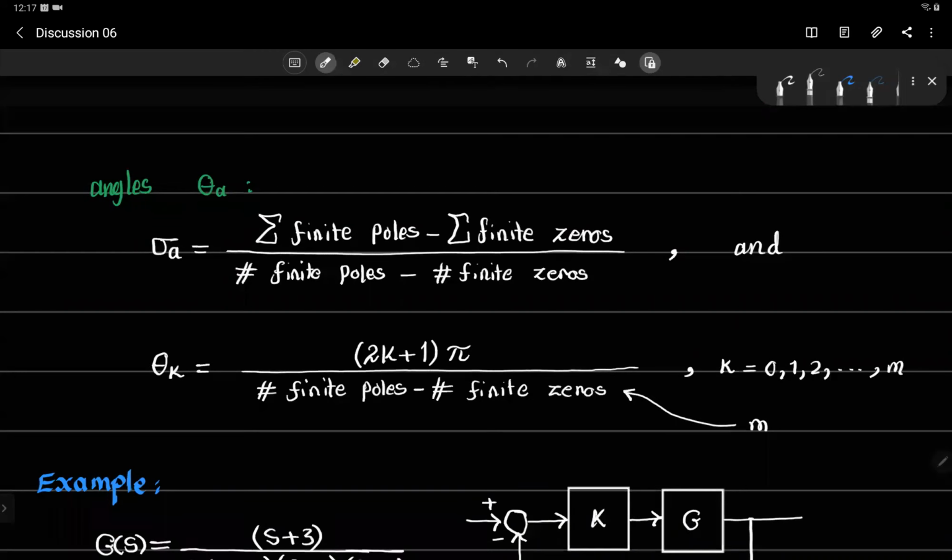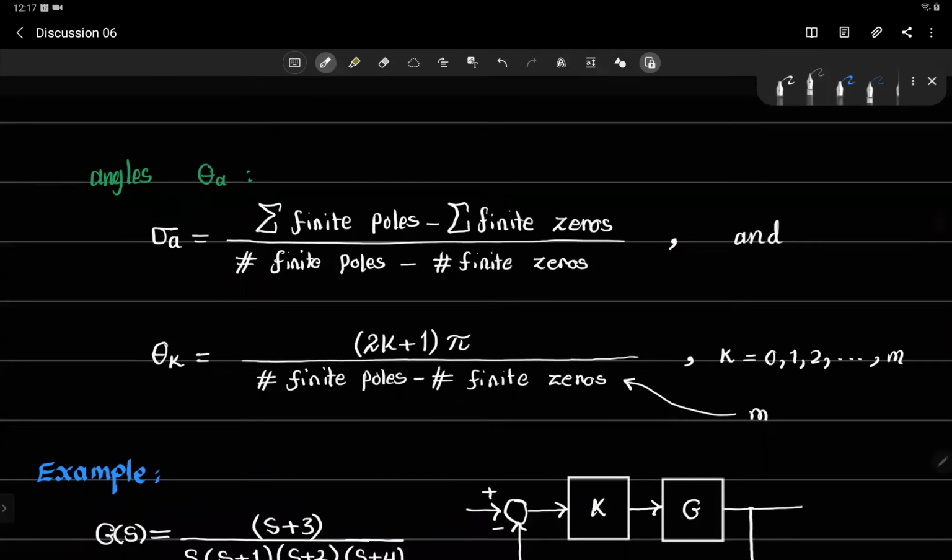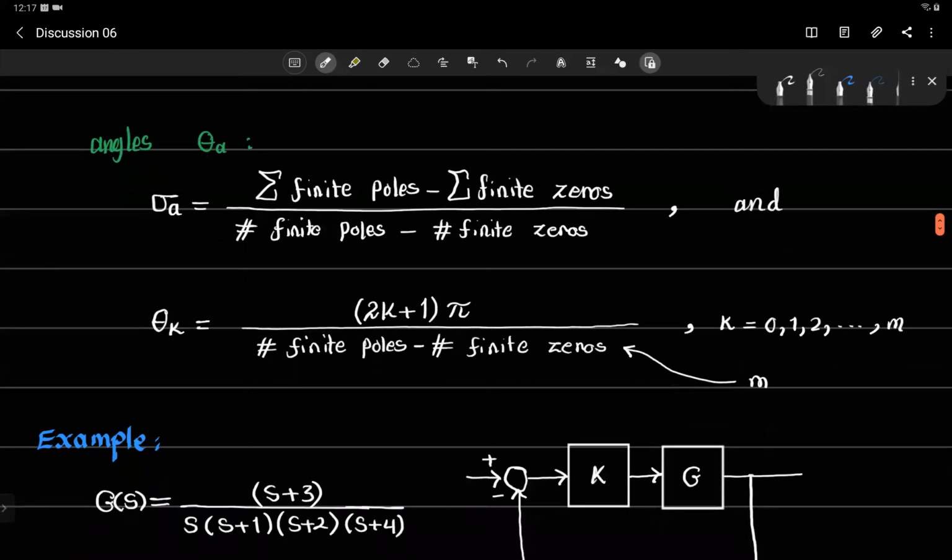This is just a quick equation that tells us the intercept of the straight lines along which the root locus approaches as we increase k. It is given by the total number of finite poles minus the total number of finite zeros. Okay, this will give us an integer.